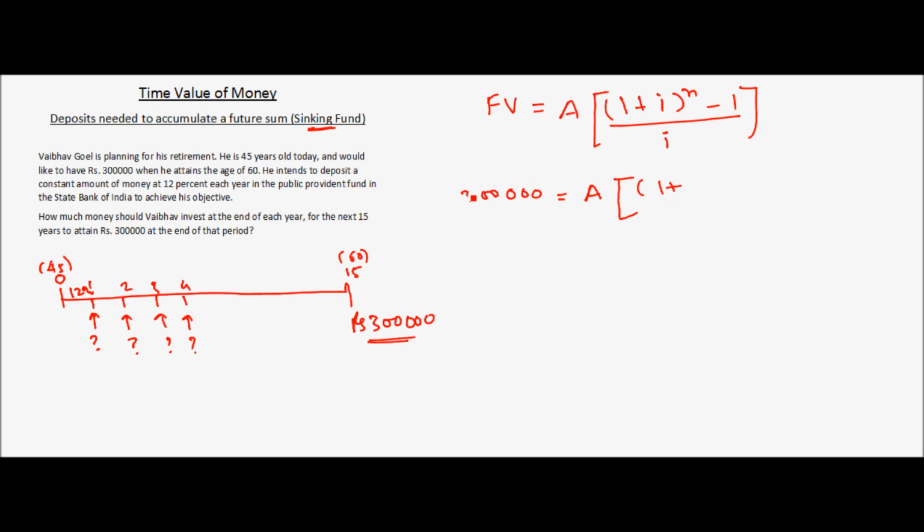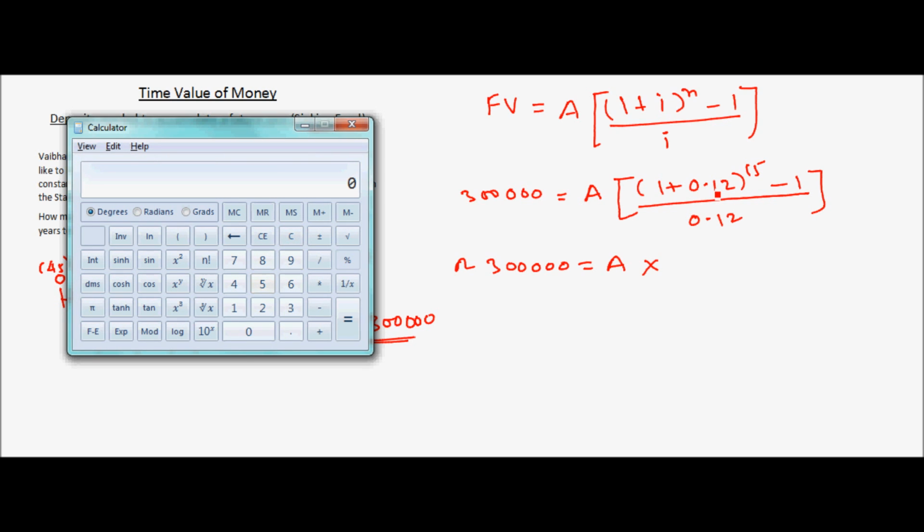1 plus i is 1 plus 0.12. n is the number of periods, which is 15, minus 1, divided by i, which is 0.12. Or 300,000 is equal to A into, let's calculate this value.